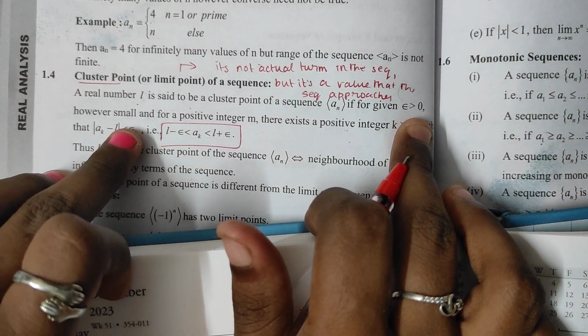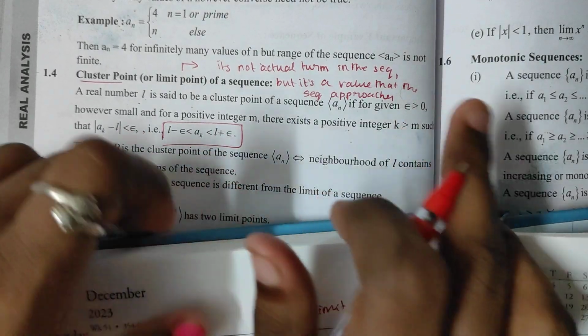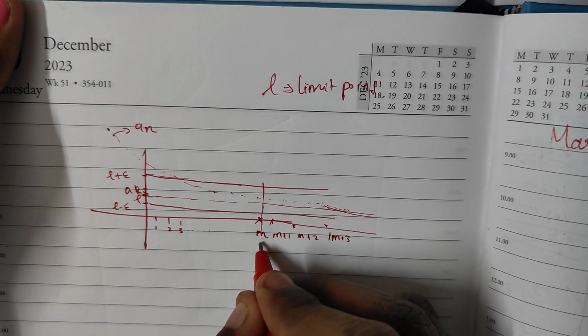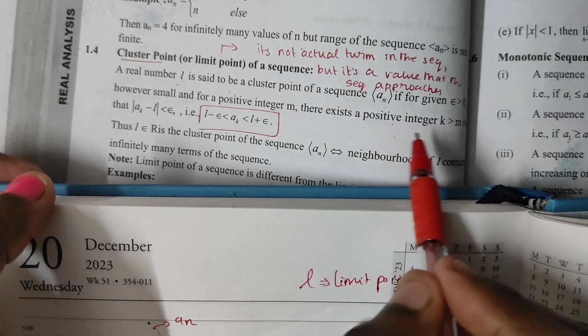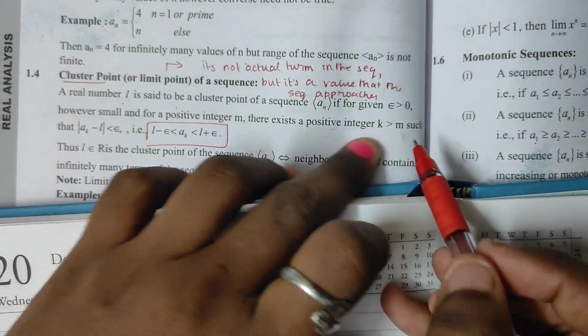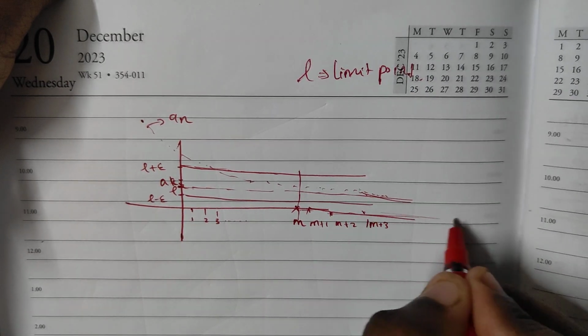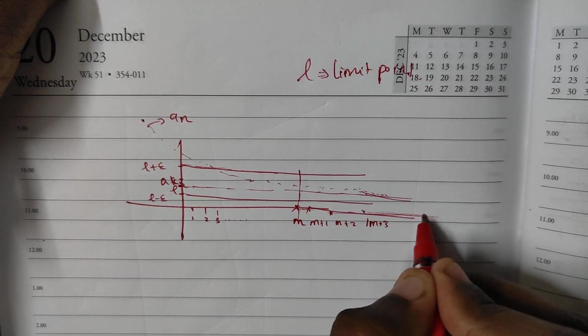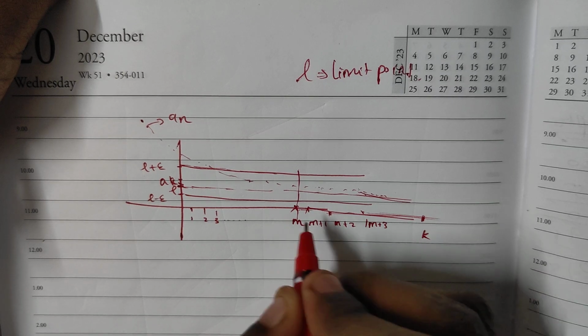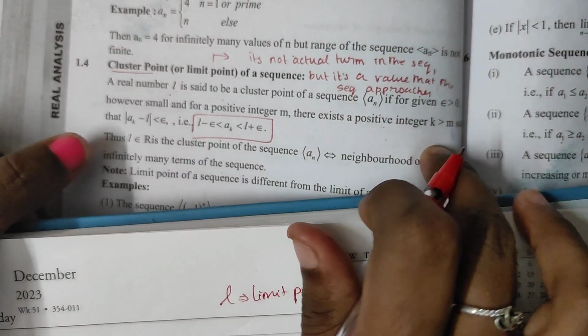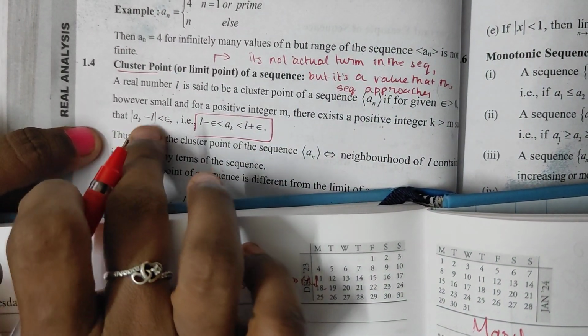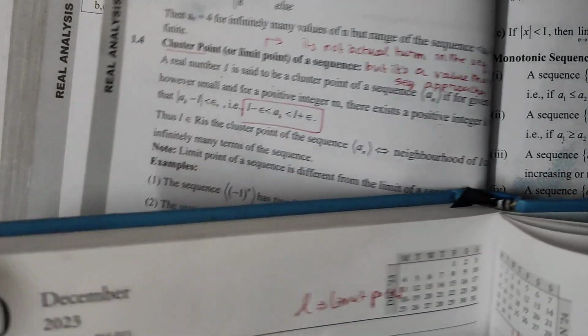Epsilon greater than 0, however small, and for a positive integer m, you have to consider one positive integer m. There exists a positive integer k greater than m, and that k lies here. Here it goes on. There exists k which is greater than m, such that modulus of ak minus L is less than epsilon.